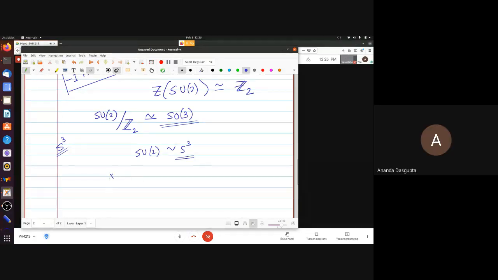So antipodal points would mean X, Y, Z, W is one point on S3. Remember, these are not points on a sphere in 3 dimensions. This is a 3-dimensional sphere which is embedded in 4 dimensions. What you are claiming is what you do is this: minus X, minus Y, minus Z, minus W. Is that what you are really doing?